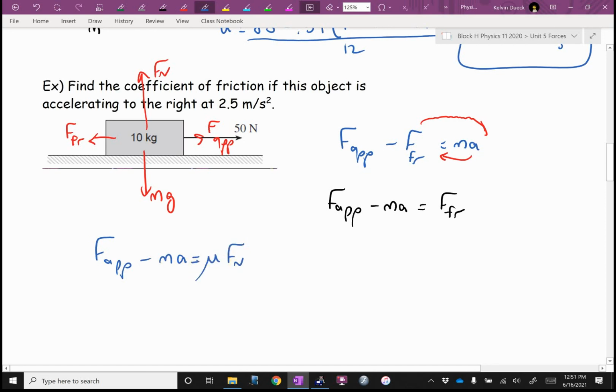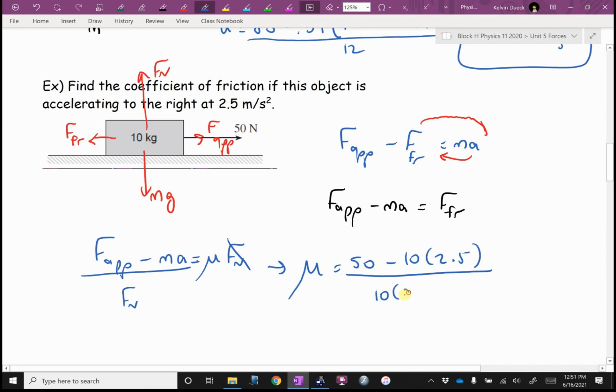How would I get the mu by itself? I don't know Fn. Oh, but look. I don't know the force the same size as the normal force. mg. So mu is going to be 50 minus 10 times 2.5 all over 10 times 9.8.